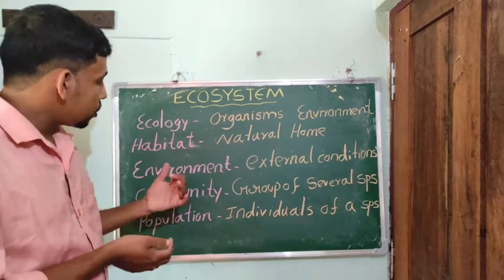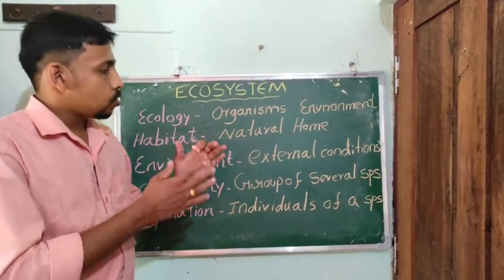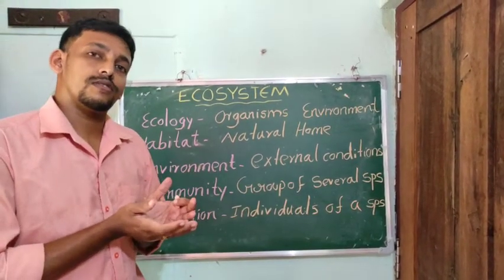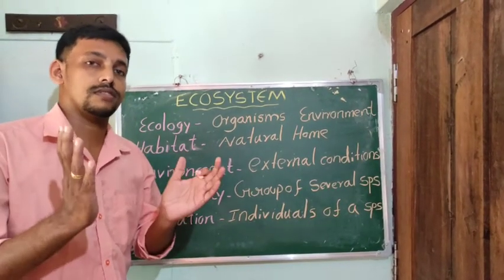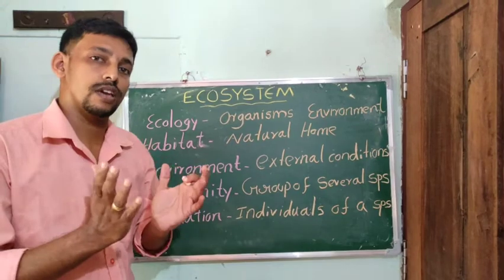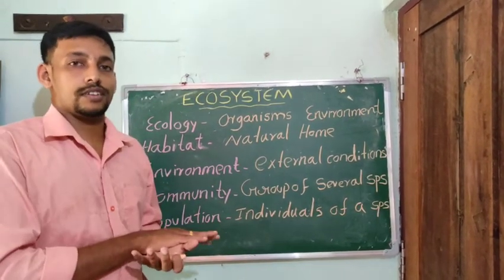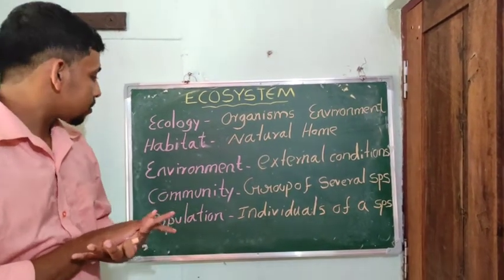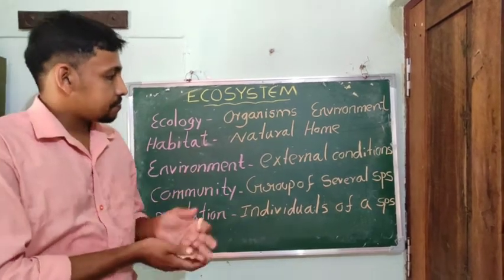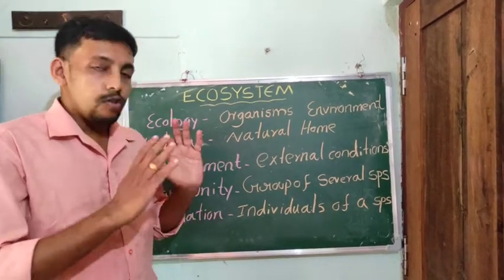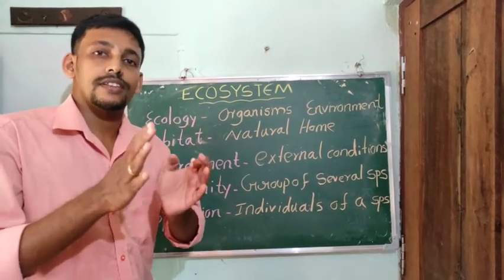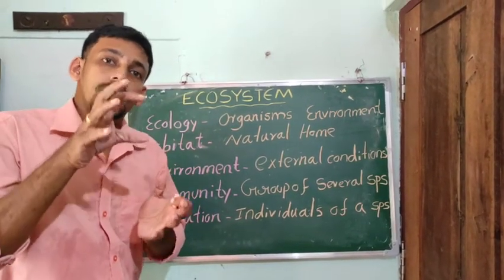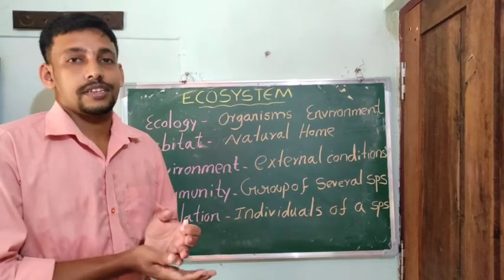Then the environment. It is all the external conditions of an organism. The external conditions which surround the organism are known as its environment. Okay. Then community. This is a group of several species of animals and plants which are living in the same habitat.